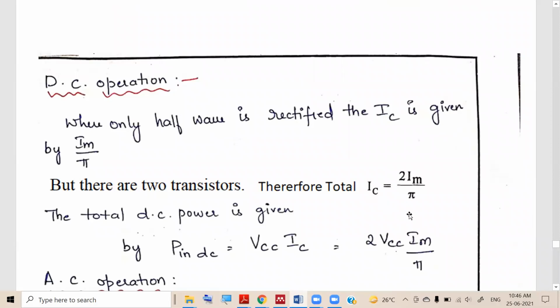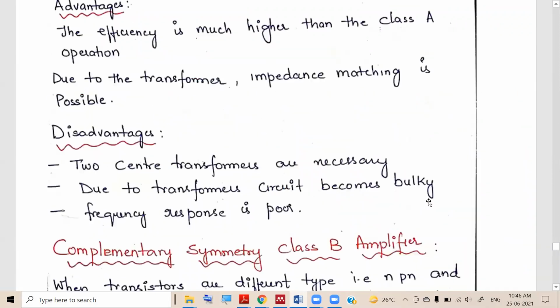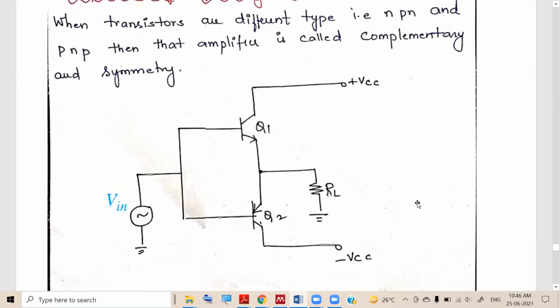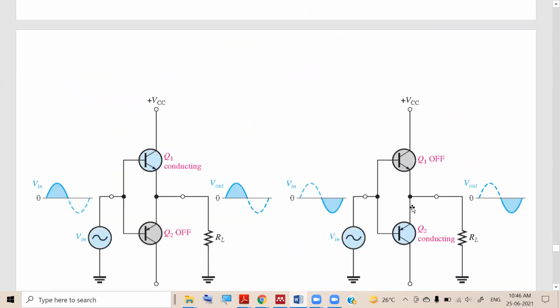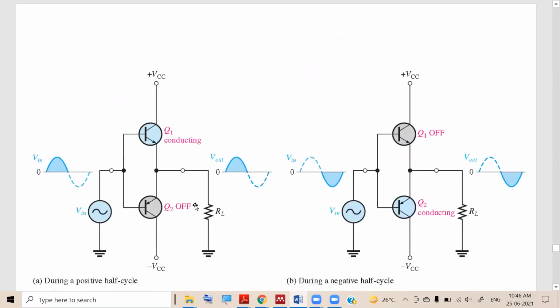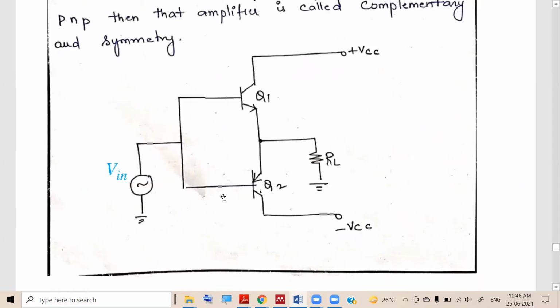So actually what happens here, let us discuss. Actually what happens here is 1 Im by pi will be drawn from this plus VCC. Another Im by pi will be drawn from this minus VCC.